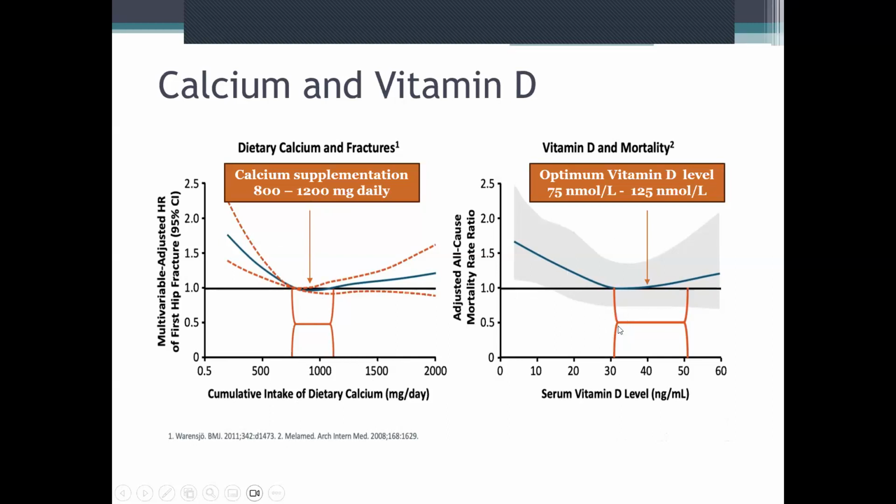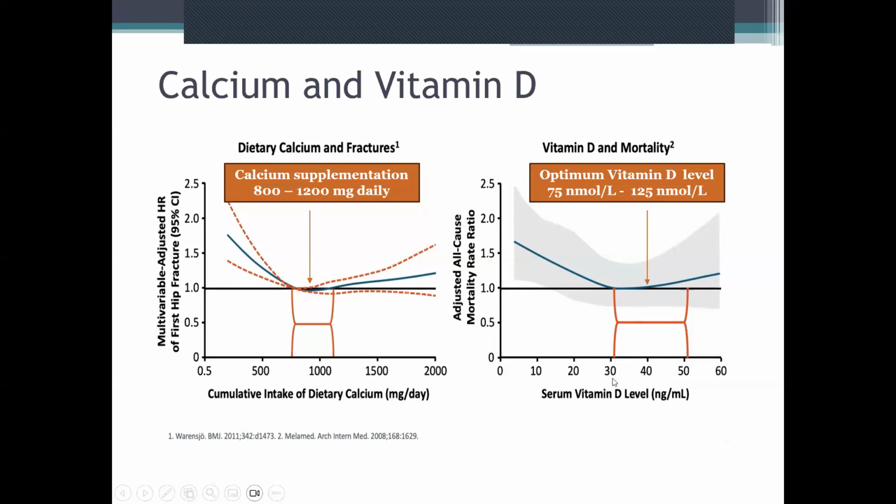And if we look at mortality in relation to vitamin D, between 75 to 125 nanomoles per liter would be the ideal level. Mortality rates actually increase when the level is below that, and also if it's above. So this is what you want to aim for.